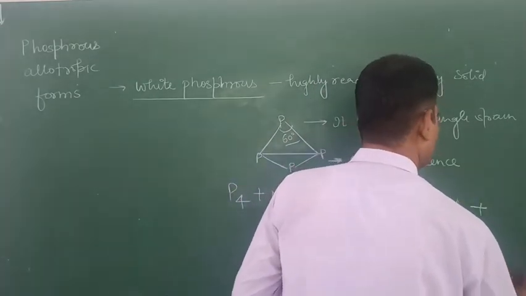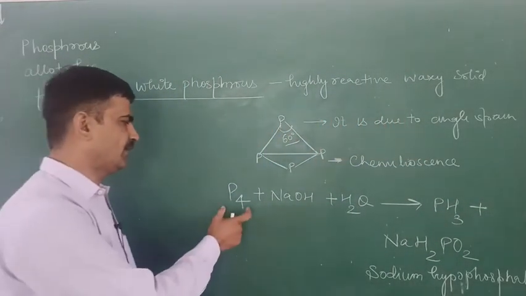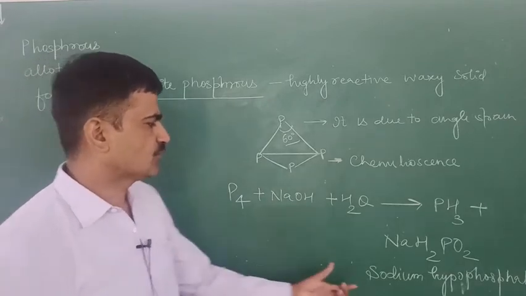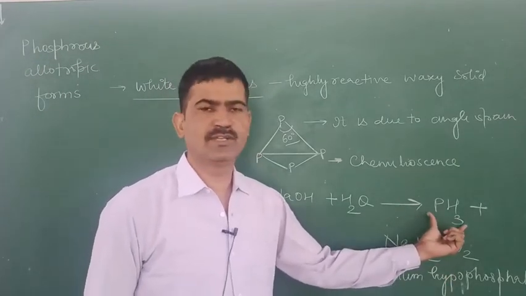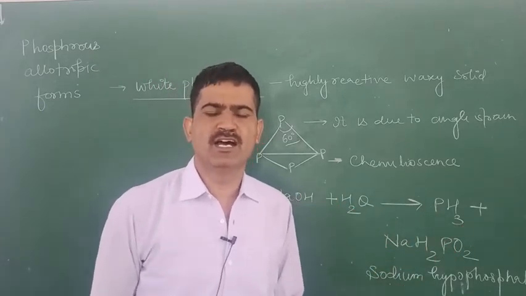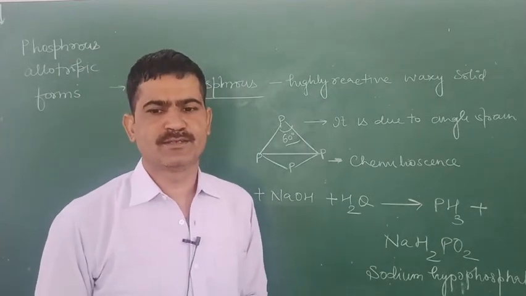This question is asked a number of times in exams: what happens when white phosphorus reacts with the alkali? It forms sodium hypophosphite and phosphine gas. This reaction we also study in the manufacturing of phosphine gas. This is the method of preparation of the phosphine gas.